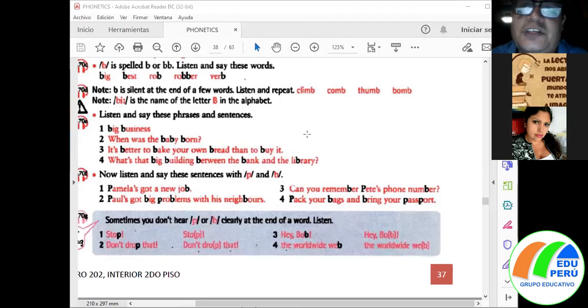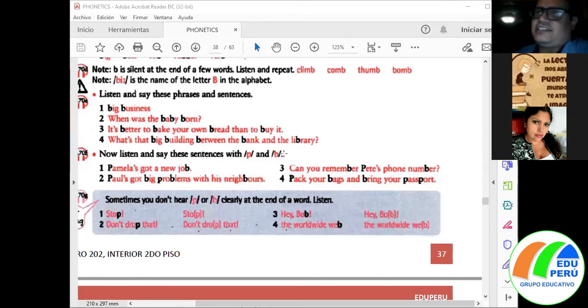And notice here the words where you can hear the sound ba: big, business, baby, born, better, or better if you want to use the reduced form, bake, bread, buy, big, building, bank, and library.